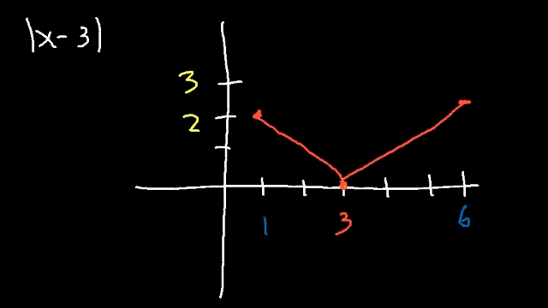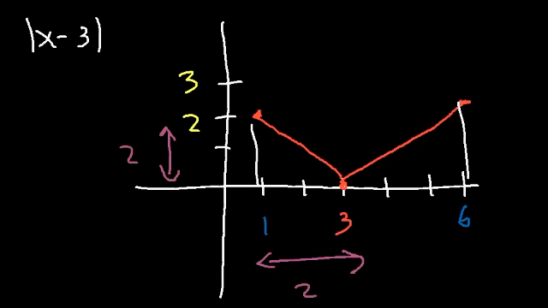So what we need to do is find the area of the shaded region. So let's start with the triangle on the left. It has a base of 2 and a height of 2. So area is 1/2 base times height. 2 times 2 is 4, times a half is 2.